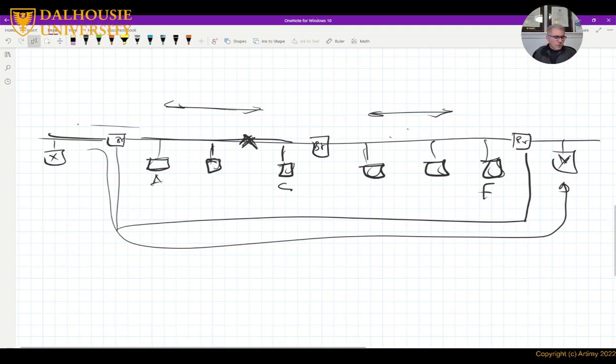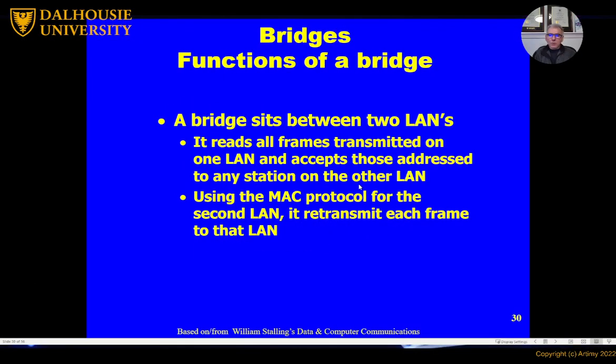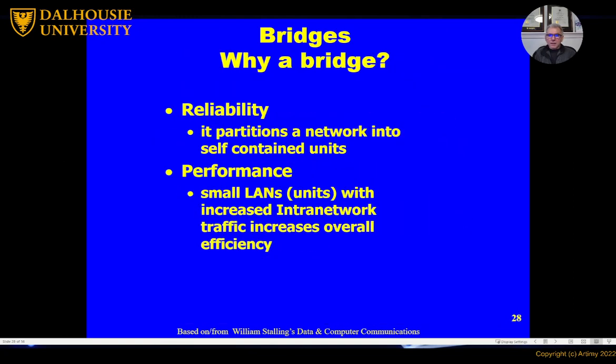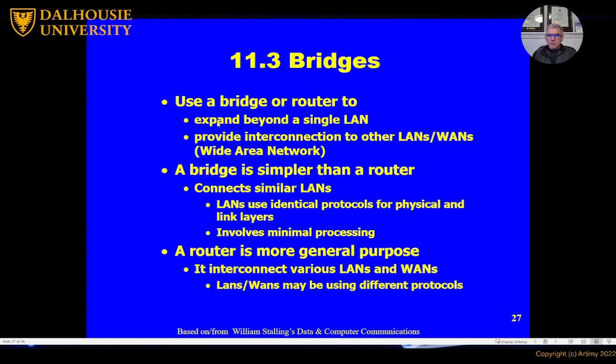Okay, so we talked about the bridges. So how do they work? Let me just go over the slides, make sure that I didn't forget anything. Bridges can connect two LANs of the same technology, but they can also connect two different LANs of different technologies, right?